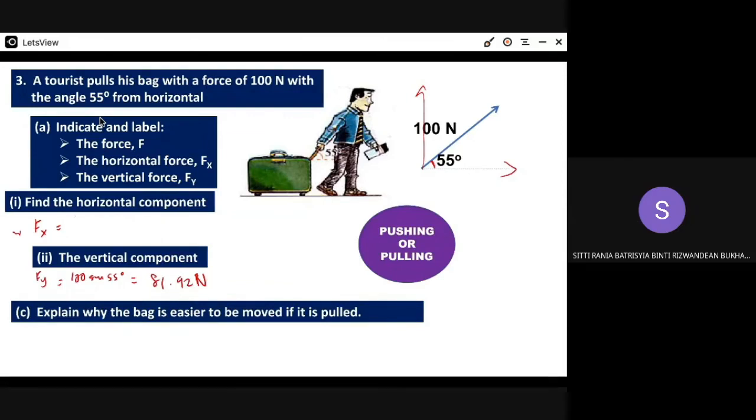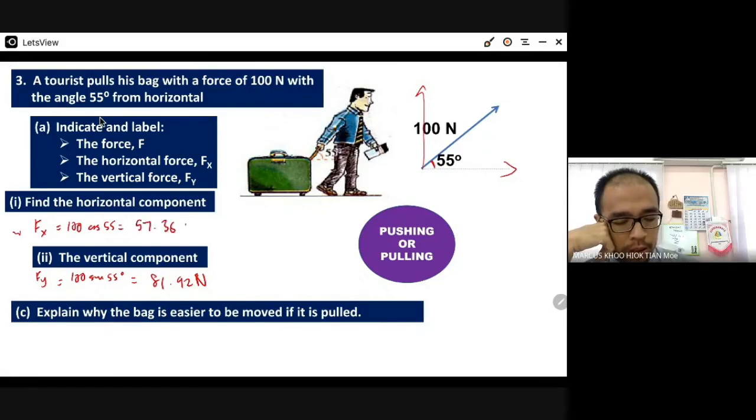Fx equals 100 cos 55, equals 57.36 Newton. Okay, 57.36 Newton. Thank you.